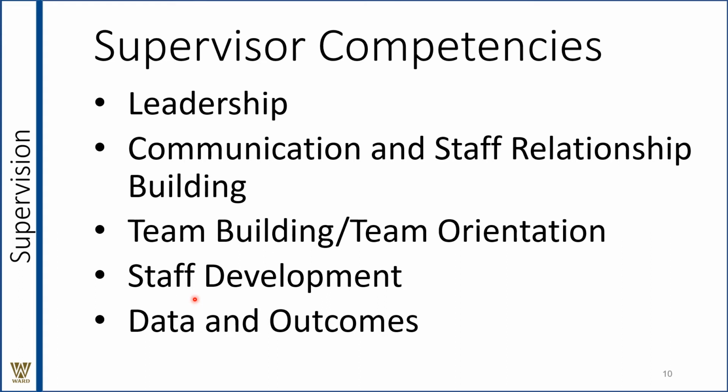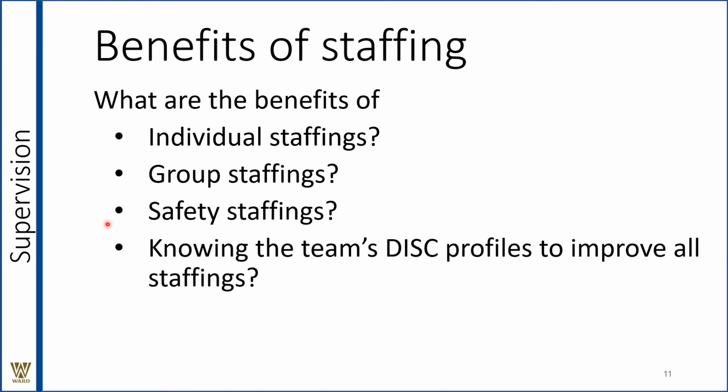If these things are missing, they will not become an effective supervisor. They should have some leadership skill. There should be clarity in their communication, in their relationship building, the team building and the team orientation. They should look at the staff development, the data and the outcomes, as the case might be.